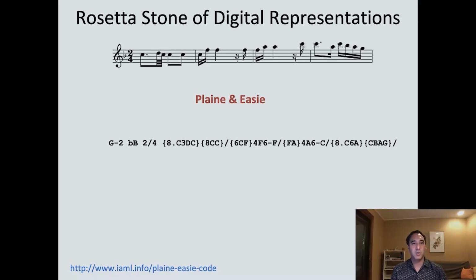Then we have 2 eighth notes on C beamed together. A slash means new measure, and so on throughout the whole thing. We can see that maybe octave isn't encoded here, or something like that, and we can figure out how those go.